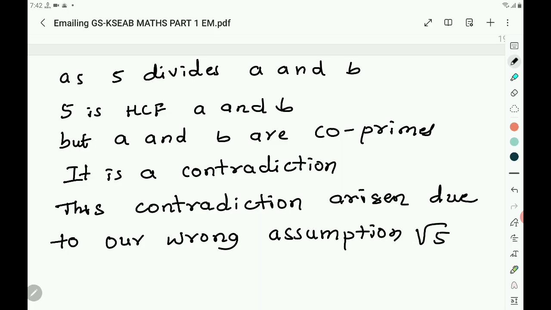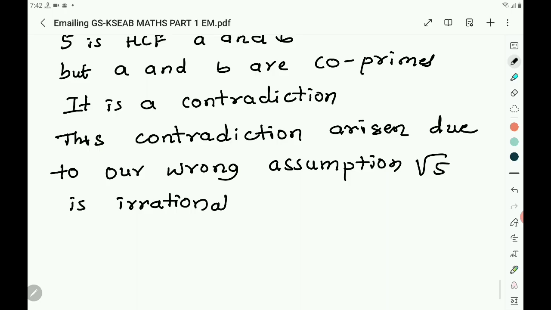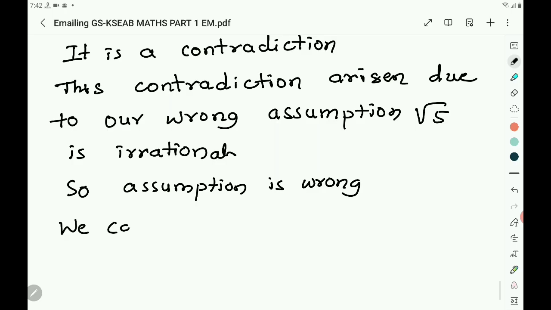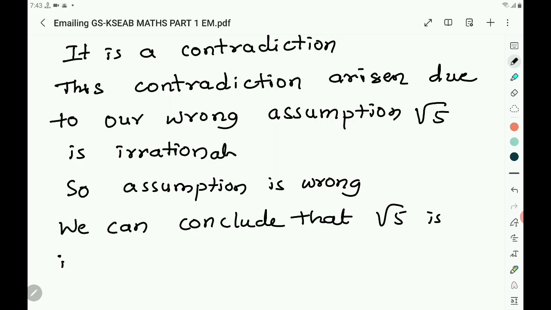So our assumption is wrong. You can conclude that root 5 is irrational. Root 5 is an irrational number.